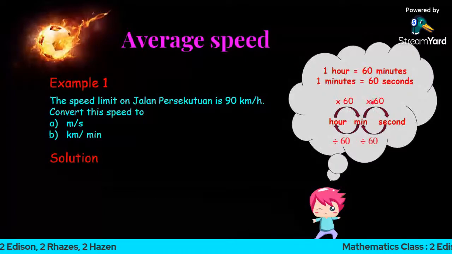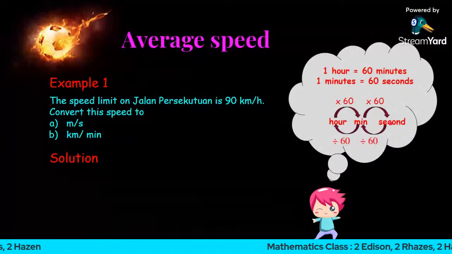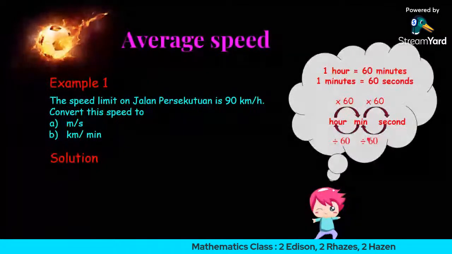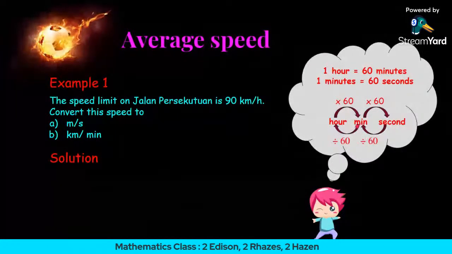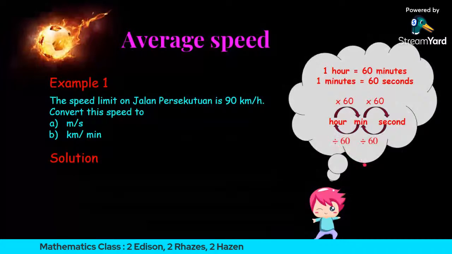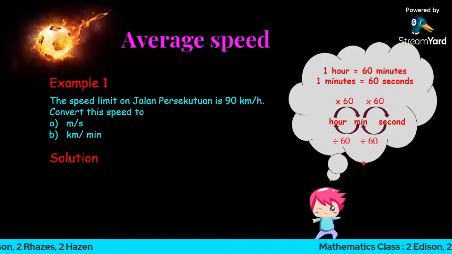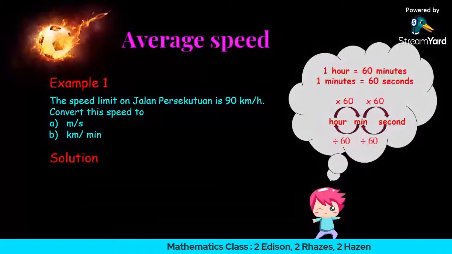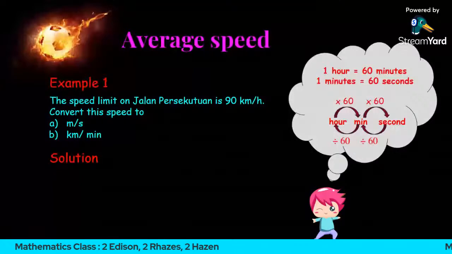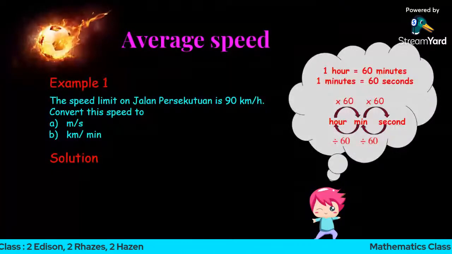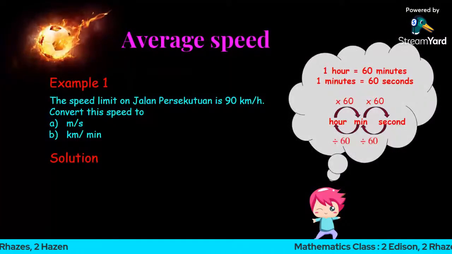To convert second to minute, you divide by 60, and minute to hour, you divide by 60. These are things you have learned before, I think in Form 1. This is just to recall and flash back what you learned.